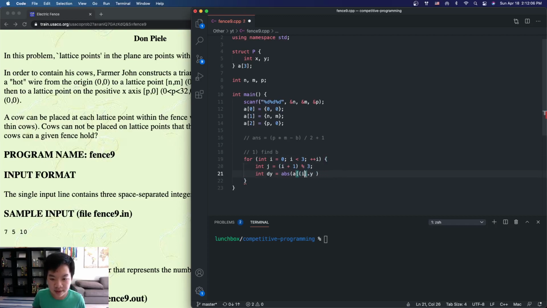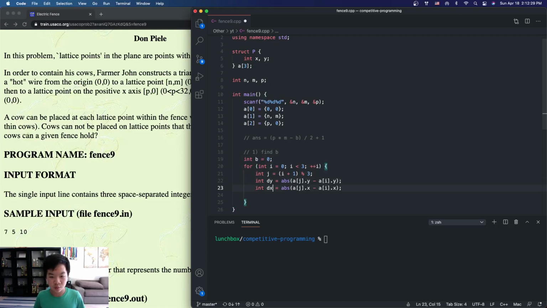So over here this would be aj dot y minus ai dot y, and our dx would be equal to the absolute value of aj dot x minus ai dot x. So then we're going to add the GCD of dx and dy into our B.